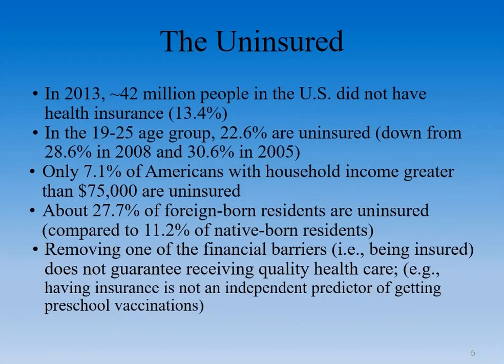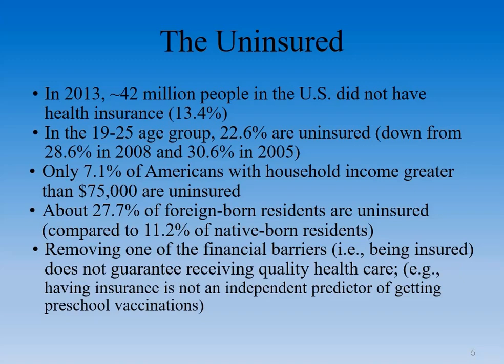Now, this first slide, the uninsured. In 2013, there were about 42 million people in the U.S. who did not have health insurance. This has gone down some with the Affordable Care Act, also known as Obamacare. In the 19 to 25 age group, 22 or almost 23% are uninsured, down from 29% in 2008 and 31% in 2005.